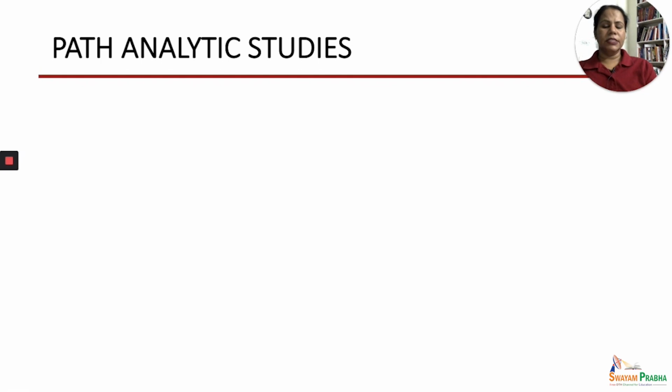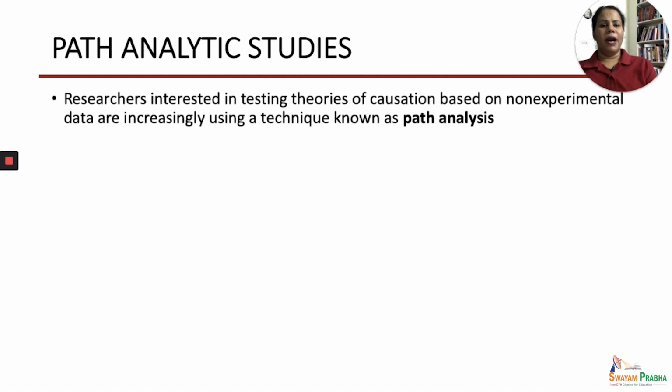Another important type of research is the path analytic study. A path analytic study is a very good type of non-experimental research design. Here researchers can test theories of causation. Earlier I was again and again telling you that non-experimental research designs do not tell us the cause and effect relationship.